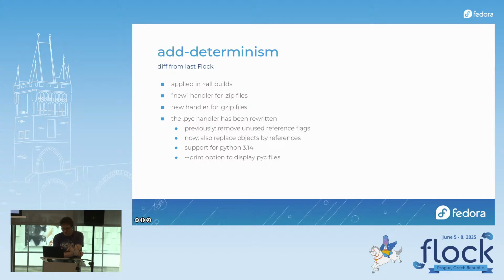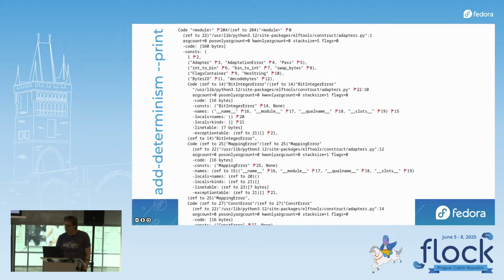Python 3.14 came in, and another thing is that, while working on this cleanup of reference flags, I added detailed code to print PYC files. It's not a very common thing to worry about, but let me show you. This is the output from the tool.